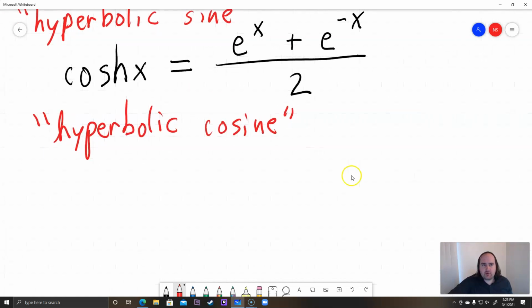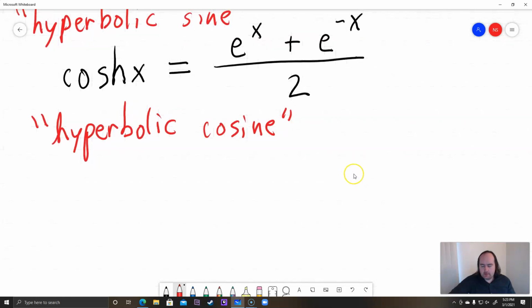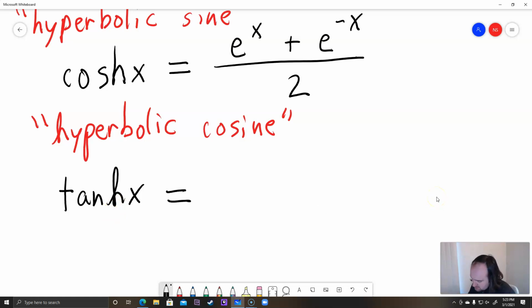That's also in your formula sheet. Again, this h stands for hyperbolic. Tanh of x is going to just be sinh of x over cosh of x.